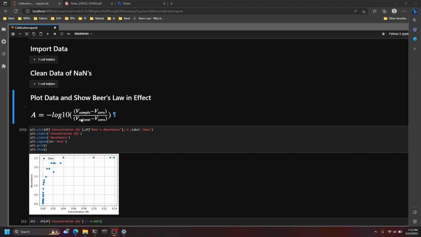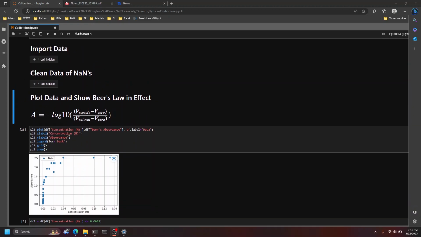This V solvent is the voltage of the pure water, and these give you the two bounds for which this system can operate. The V sample is then each of the different red concentrations, the voltage for each of those, to then calculate the absorbance for each of those samples.